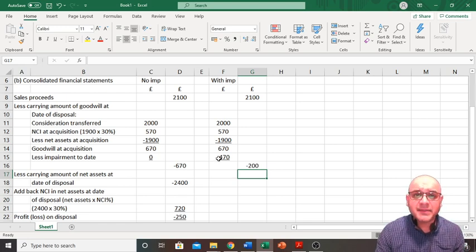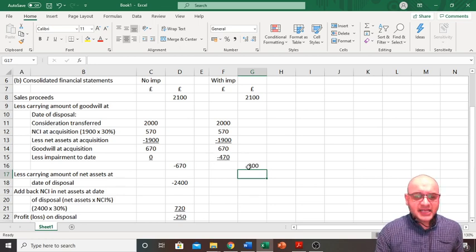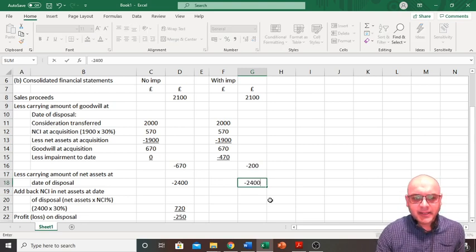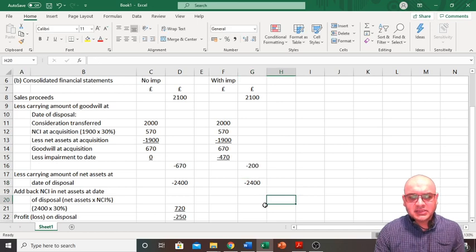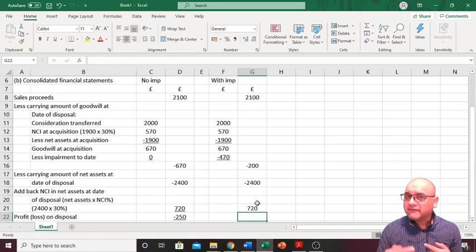If there is an impairment, we need to deduct it from goodwill, because otherwise the value of goodwill is not reflected in a true and fair manner. Okay, so that's that. Everything else is pretty much the same. NCIs are also the same. We are not giving any proportion of goodwill to NCIs.